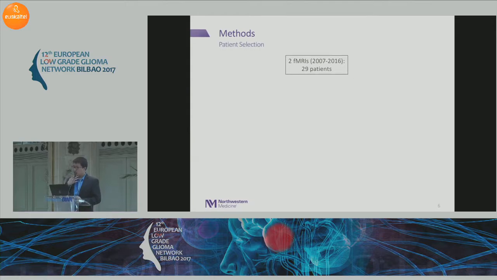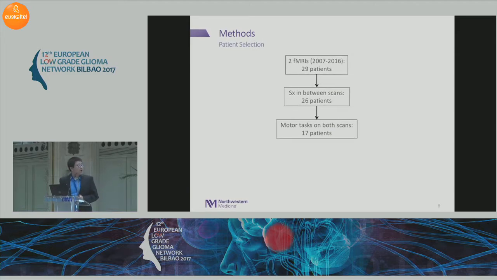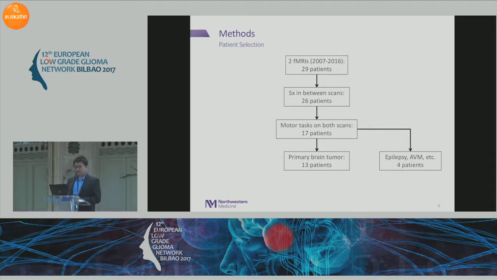We identified patients with 2 fMRIs with a surgery in between, and also that we were specifically interested in motor tasks, although we hope to expand that. And so they had to have motor tasks in both scans, and we were only concerned about primary brain tumors. So in total, our cohort consisted of 13 patients.